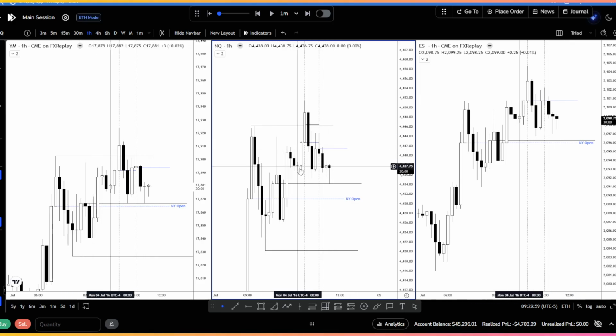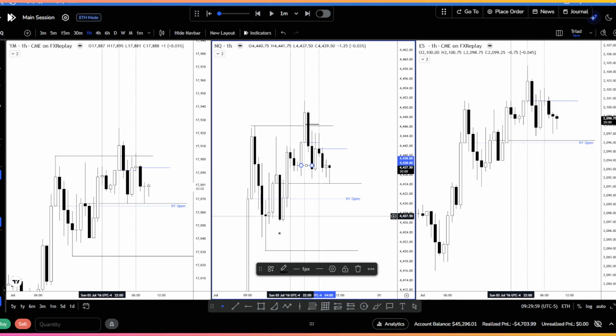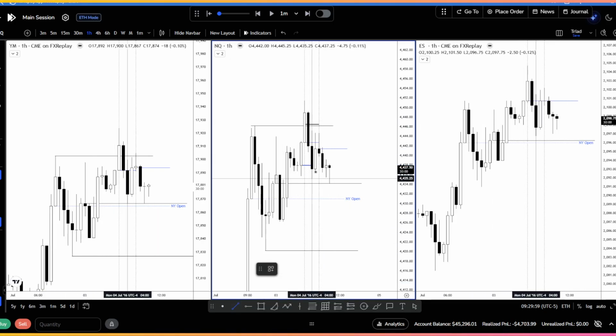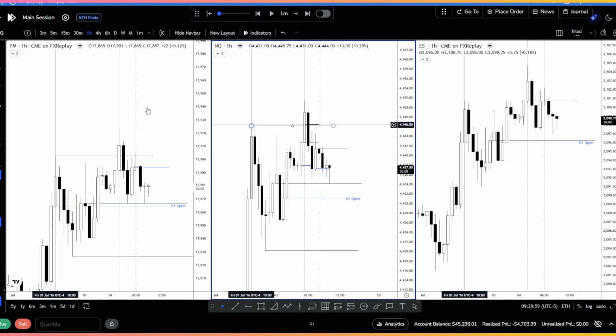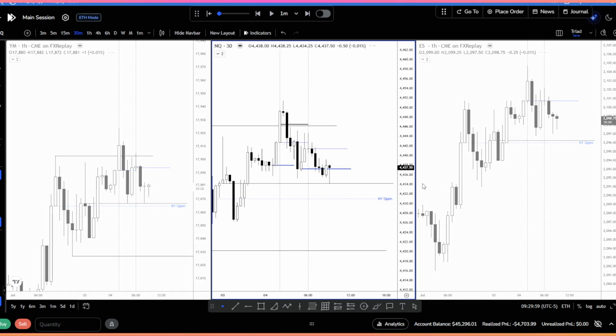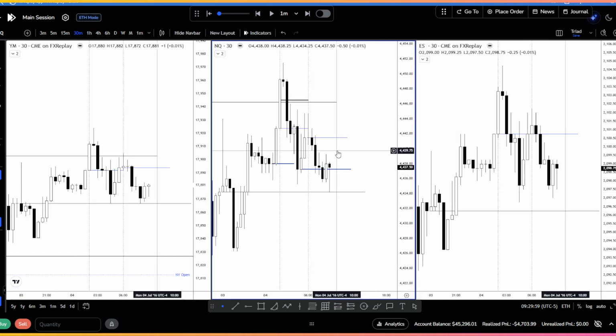We also have this clean V-shape reversal on NQ with this CSD on hourly. So if we want to continue lower, this can be a good key level for me to guess that we are going to go down.